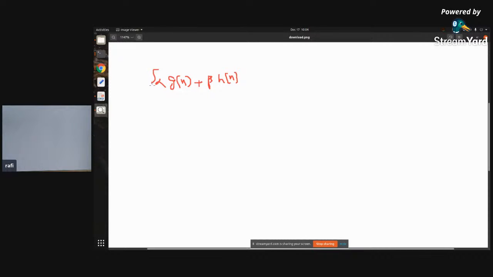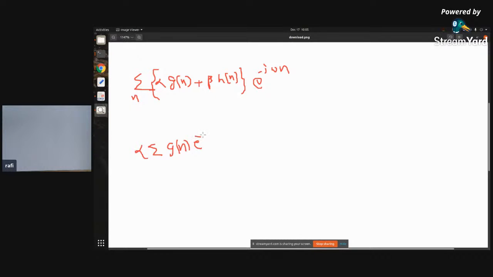What is the DTFT of this one? It is summation n from minus infinity to infinity of the signal times e power minus j omega n. This is the DTFT equation. Alpha is a constant, not depending on n, so it comes out of the summation. So this is alpha into summation g of n e power minus j omega n.